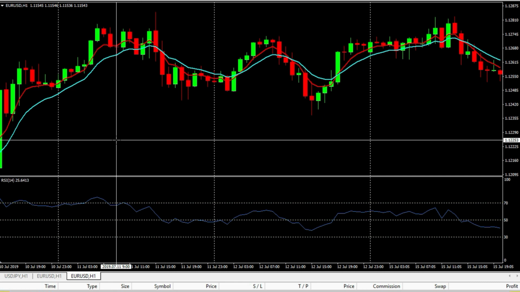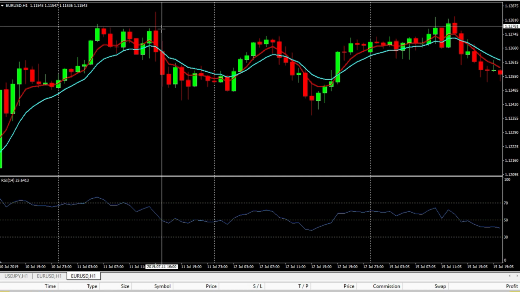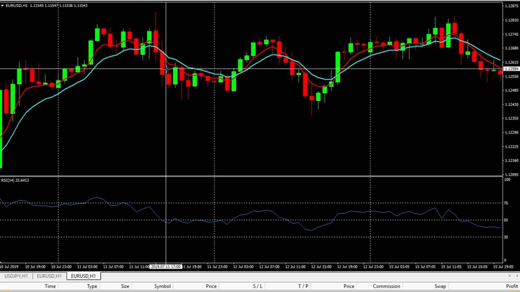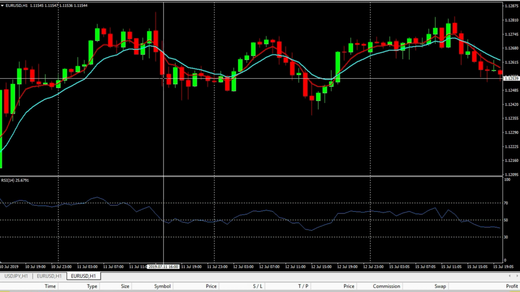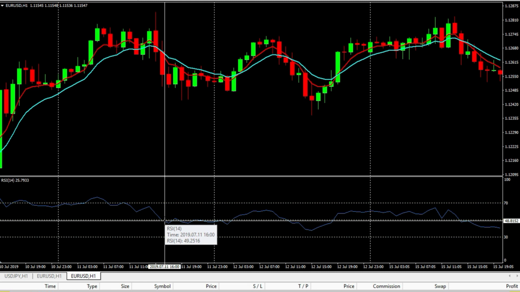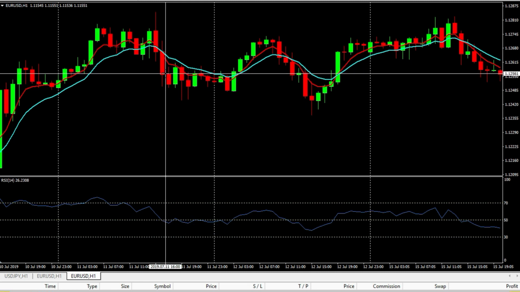So this is the 7th of July. On the 7th of July, we see that the moving average crossed the blue moving average and went below it, and also the RSI went below the 50 line.